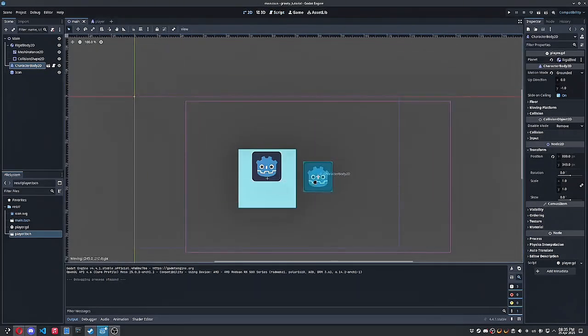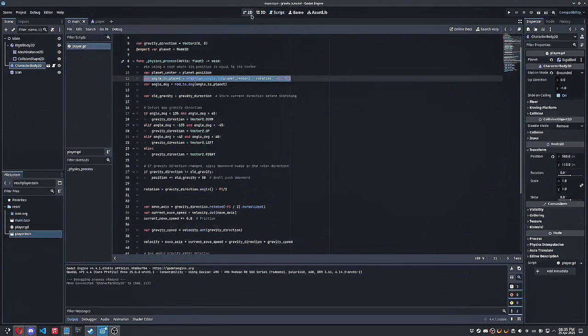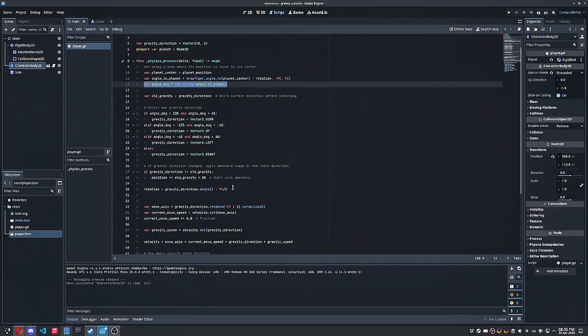Like, this is 180 and negative 179. This is negative 180 and positive 179. And this is 90. This is negative 90. Stuff like that. But Godot uses radians, so we also have to convert it into degrees because I like to work with degrees instead of radians.